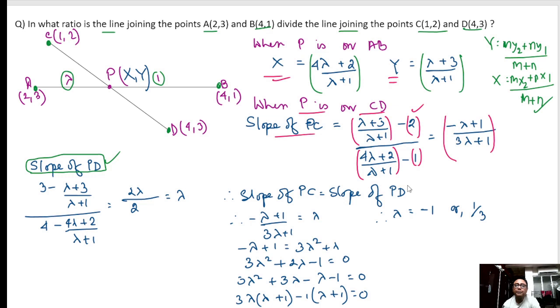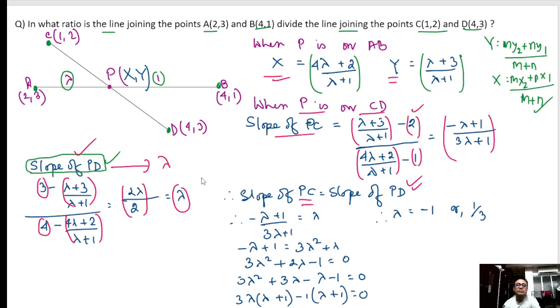And slope of PD, how can I find slope of PD? Please watch here. Slope of PD will be y2 minus y1 by x2 minus x1, and calculating this we get 2 lambda by 2, which is lambda. So slope of PD is coming lambda.